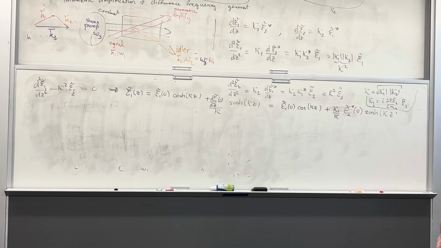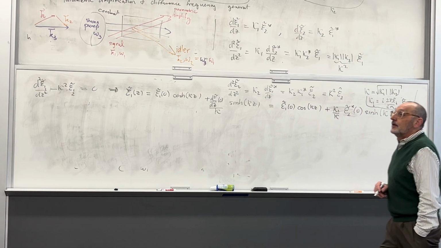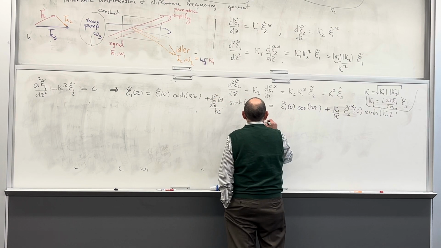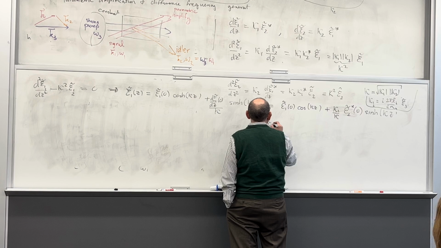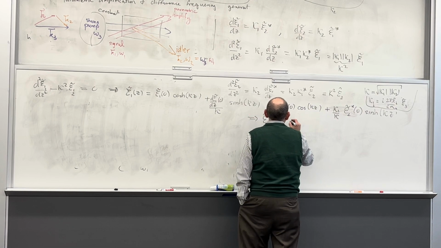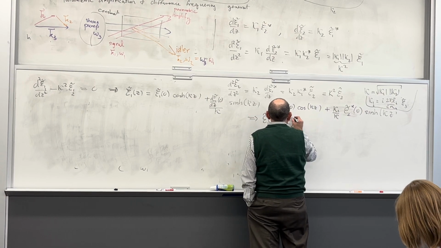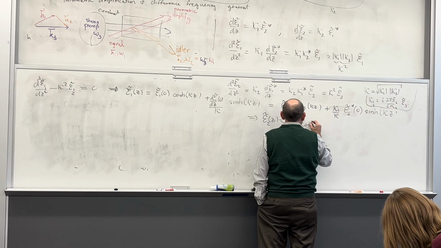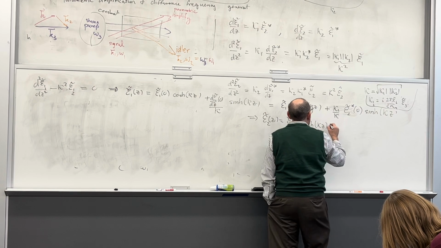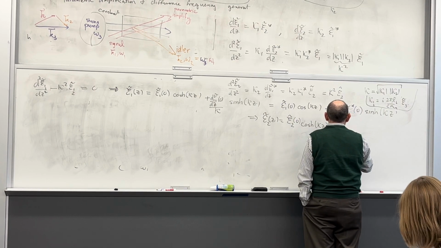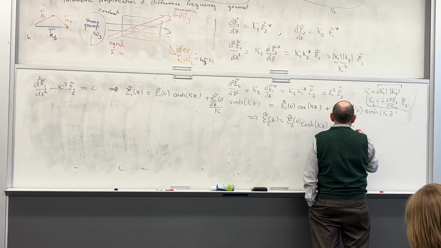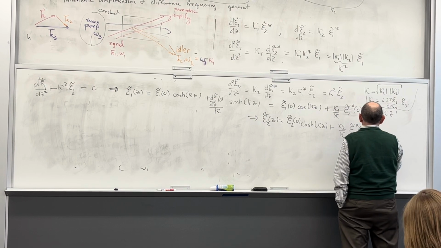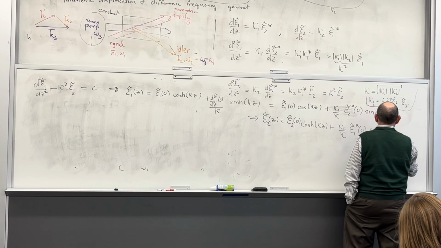And similarly, we have the same kind of solution for E2 at Z, which is E2 at 0 cosh kappa Z plus kappa 2 over kappa E1 star 0 sinh kappa Z.